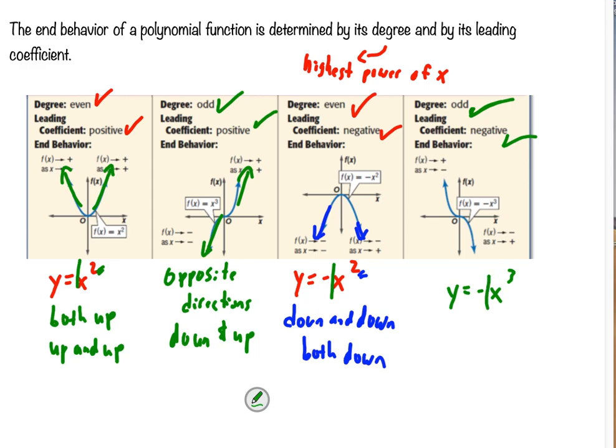Our highest power of x is x to the third, and the 3 power is an odd number. So we are going to say that is up and down. Again, if they're odd degrees, they're going to be in opposite directions.